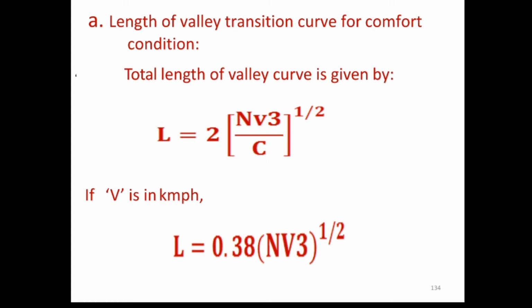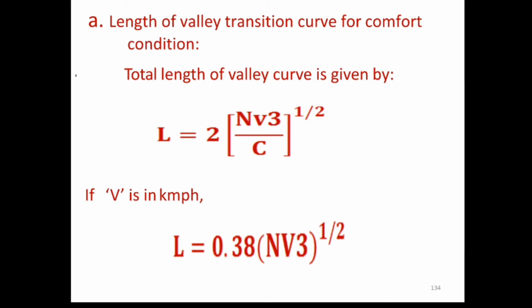So LS square will be equal to V cube into N upon C. So LS will be equal to, in the bracket, N into V cube upon C raised to 1/2. And L equals 2 LS, that equals 2 into (N V cube upon C) raised to 1/2 or 0.5.